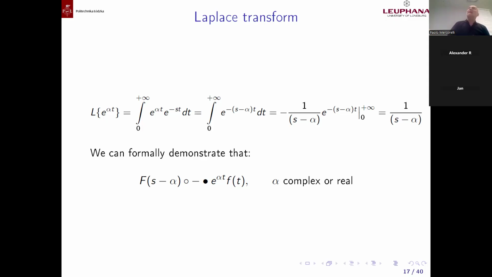If the real part is positive, we have an unstable system because the answer, or the signal in output, is unlimited over time. If alpha is negative, we have asymptotic stability. I told you about that. I will come back to this a little bit.